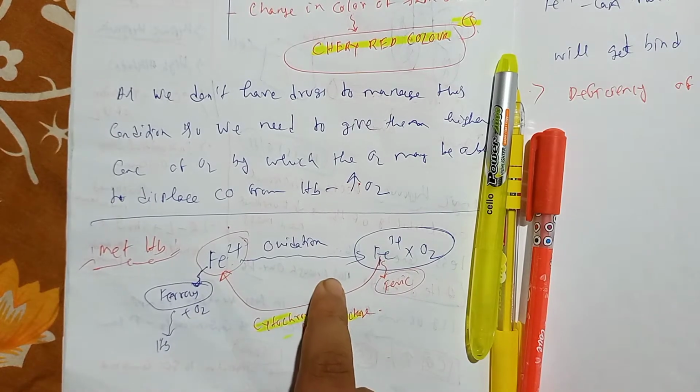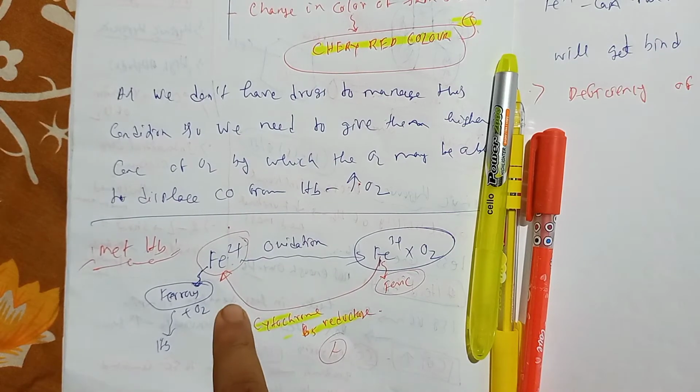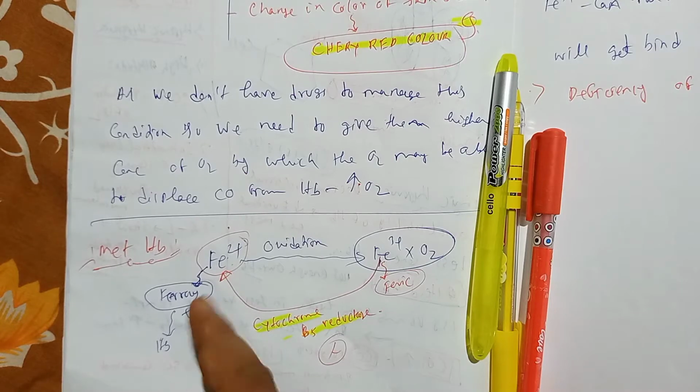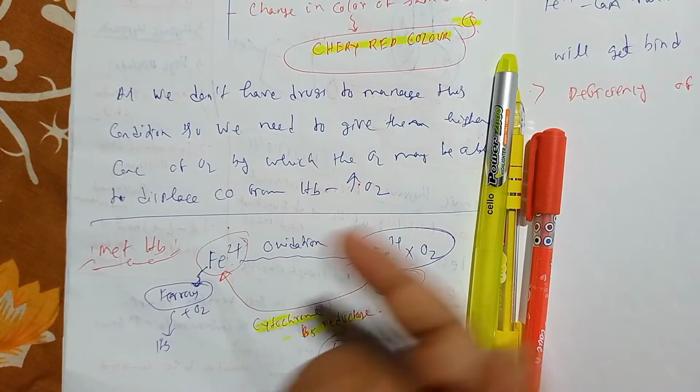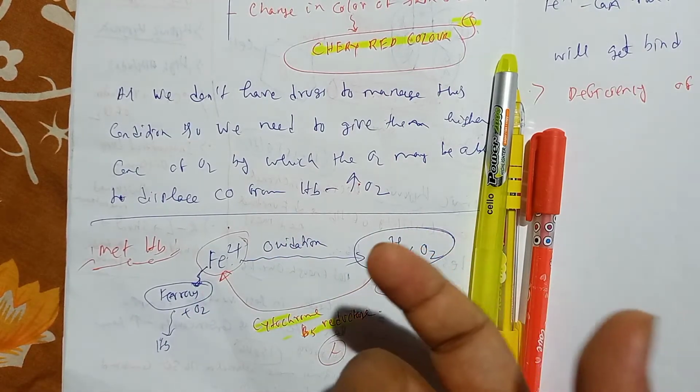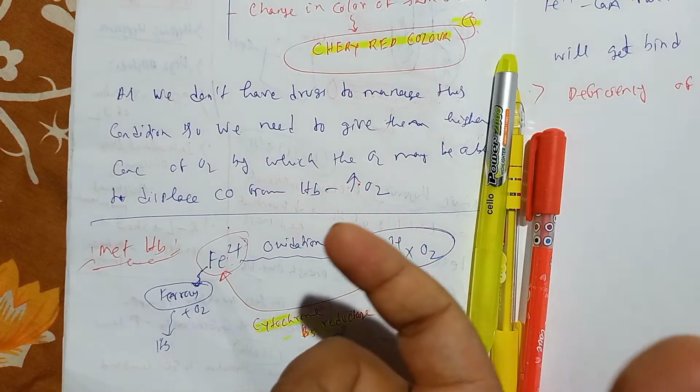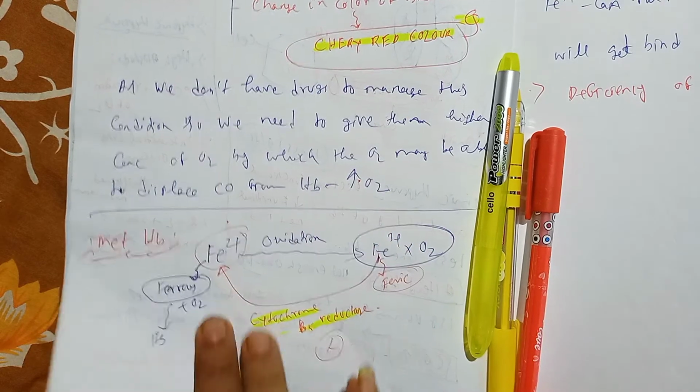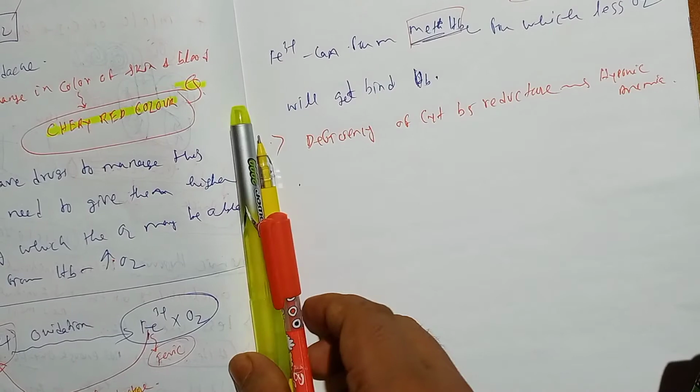As a result, less oxygen will combine with the ferrous iron. Ultimately, less oxygen will be delivered to the cells, so we'll have less energy, and as a result we can have many problems from there. Now we'll talk about it.